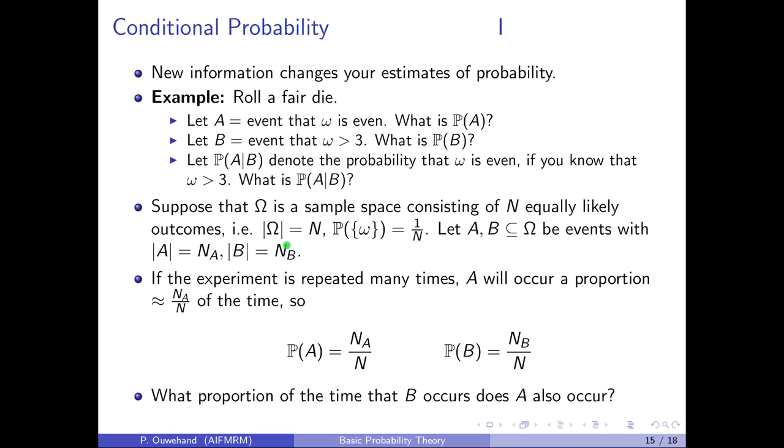Here the number of elements in omega, denoted with these vertical lines, is equal to capital N, and the probability of any outcome is equal to 1 over N. Now let A and B, subsets of omega, be events where the number of elements in A is N sub A, and the number of elements in B is N sub B. If we repeat this experiment many times, the event A will occur a proportion of N sub A over N of the time. In other words, the probability of A is N sub A over N. Similarly, the probability of B is N sub B over N. We now ask, what proportion of the time that B occurs does A also occur?